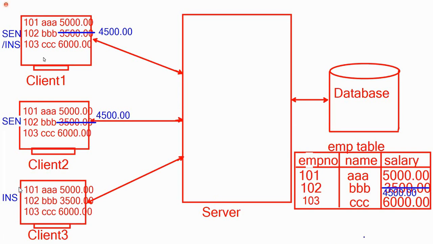Sensitive will show changes made by others. Insensitive will not show changes made by others. So actually, who is updating? Client 1. It is updated in client 2 also because it is sensitive. It is not updated in client 3 because it is insensitive. That's the difference. Write this one. I'll give the description. Write this diagram.